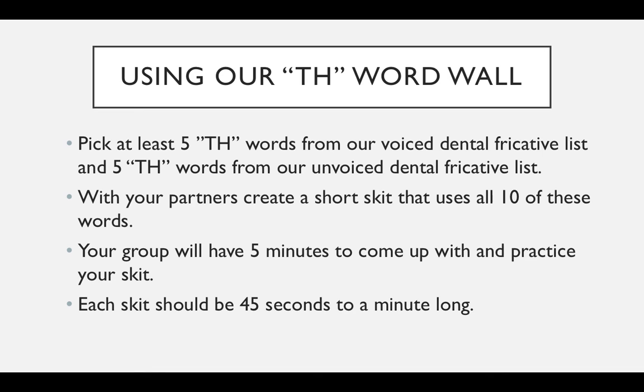I would let the students know that they can create a skit about anything their heart desires as long as it's classroom appropriate. Then their group will have 5 minutes to come up with and practice their skit. Each skit should be about 45 seconds to a minute long. This is a great way to get students communicating, socializing, and using this targeted pronunciation, the TH sounds.